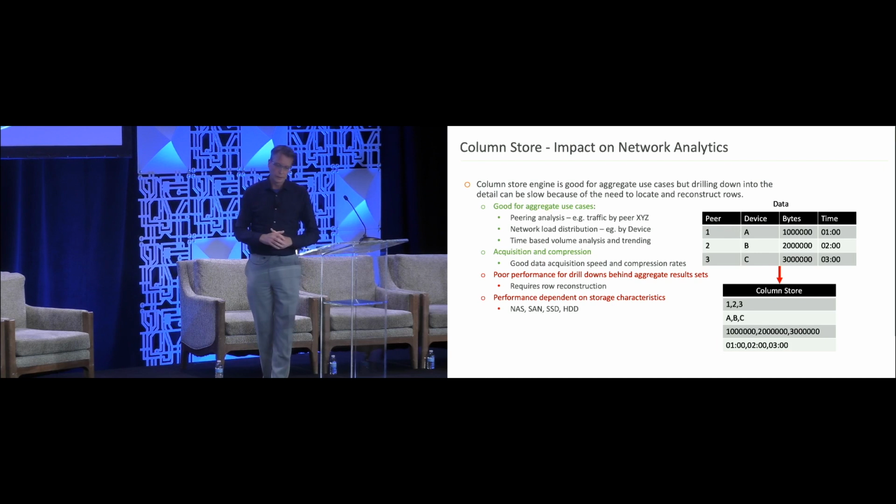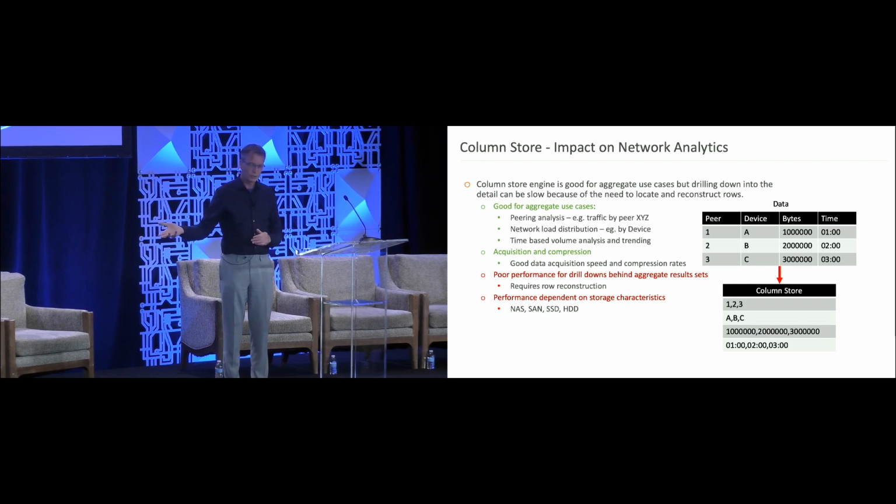Column stores are great for aggregation, such as peering analysis, looking at traffic by peers, for example, looking at network load across my network by device, nodes, etc., and also time-based volume analysis and trending. Again, good for acquisition and compression. I can acquire a lot of data and I can compress it down and store it for a long time.